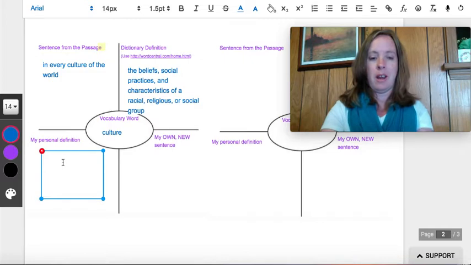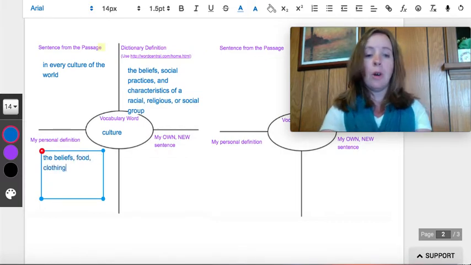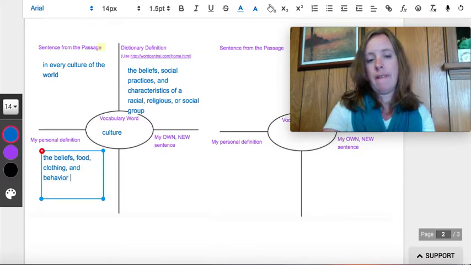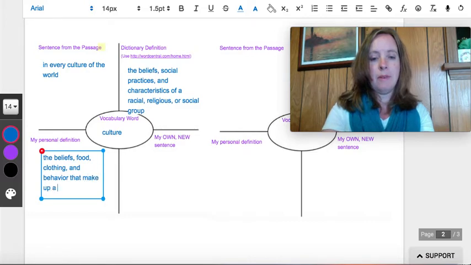So I'm going to say the beliefs, food, clothing, and behavior that make up a group of people.